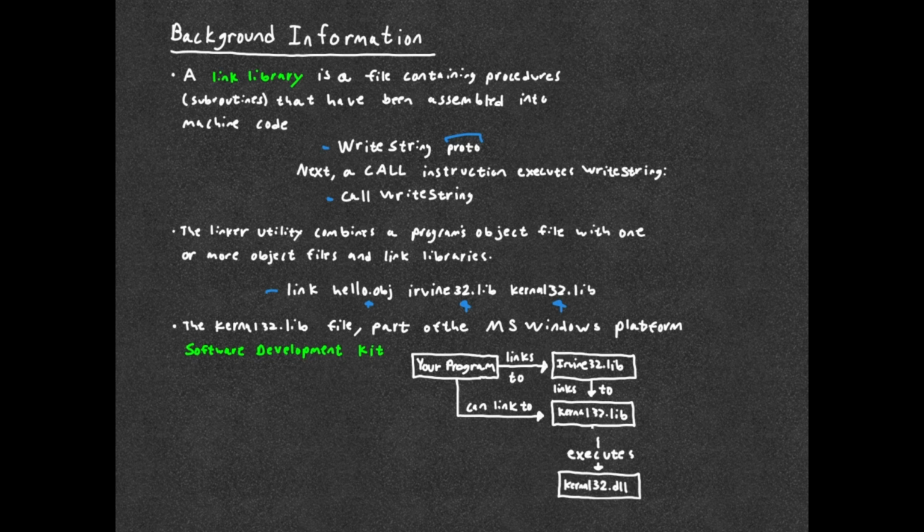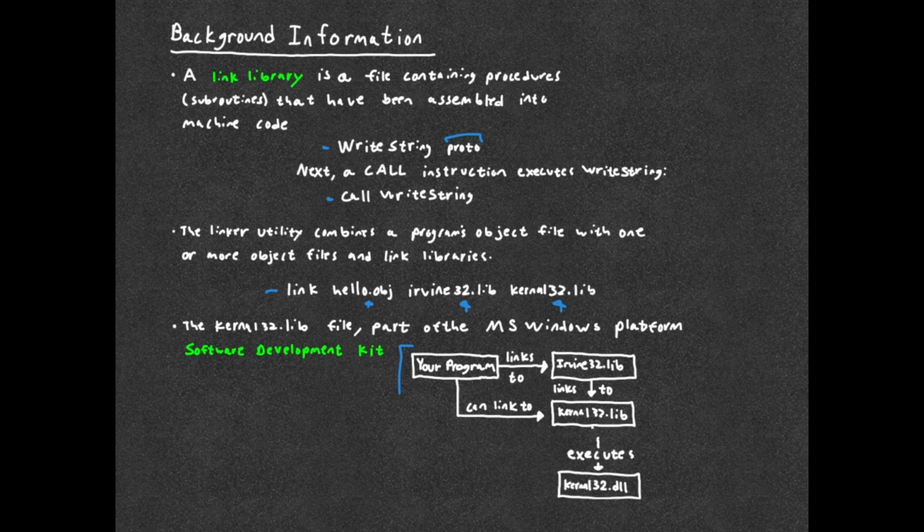The kernel32.lib file, part of the Microsoft Windows Platform Software Development Kit, contains linking information for system functions located in a file named kernel32.dll. The latter is a fundamental part of MS Windows and is called a dynamic link library. It contains executable functions that perform character-based input-output.